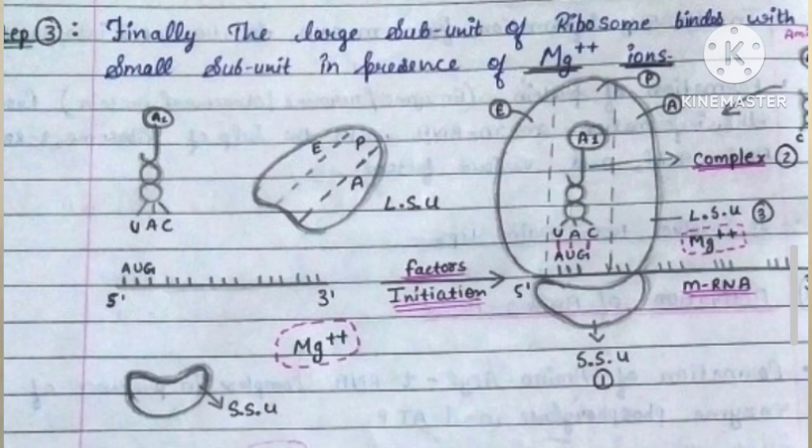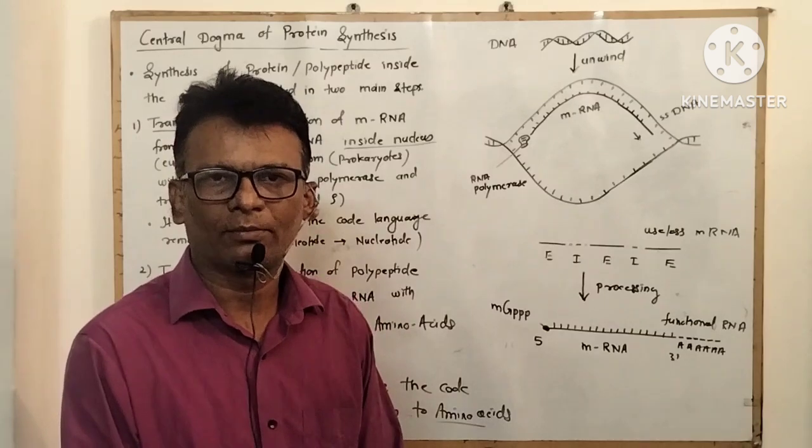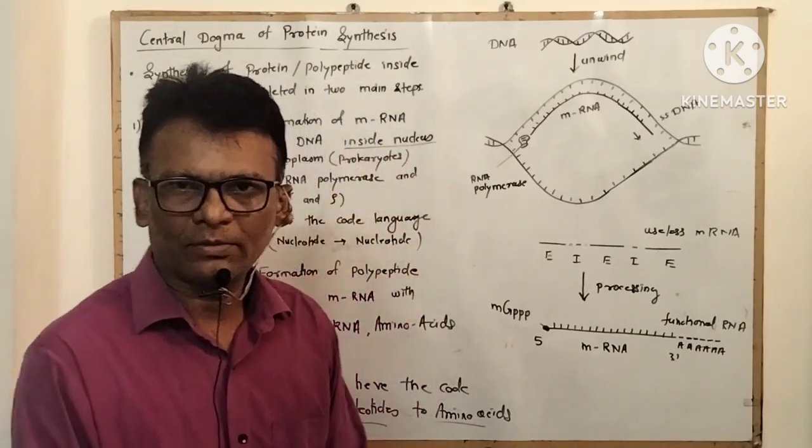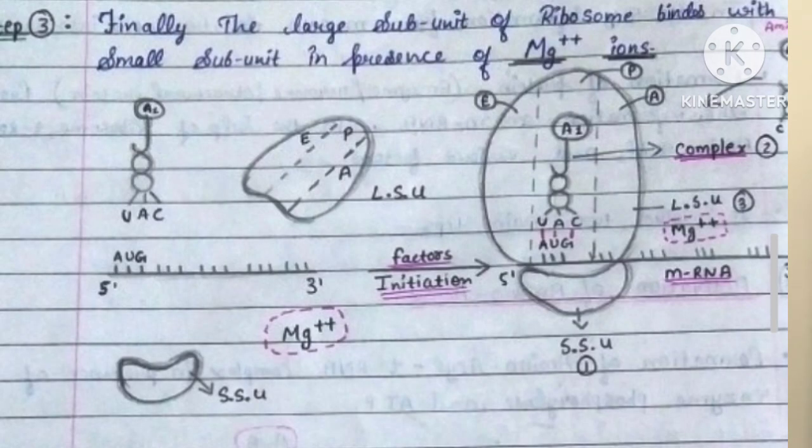For translation, it has to come out from the nuclear pore into the cytoplasm, where ribosomes are scattered. That means the large subunit and small subunit of ribosomes are scattered in the cytoplasm. With the help of magnesium ion, the two units come closer to the mRNA and bind to it. Firstly, the small subunit binds to the mRNA.